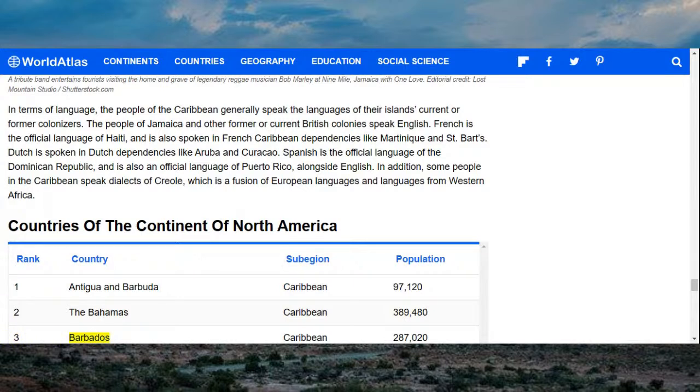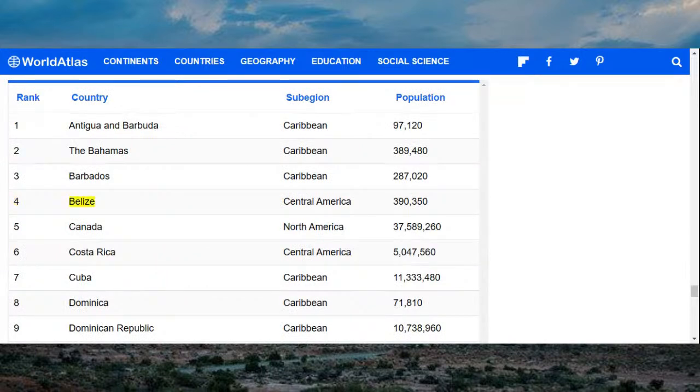Barbados, Caribbean, 287,020. 4. Belize, Central America, 390,350. 5. Canada, North America, 37,589,260. 6.